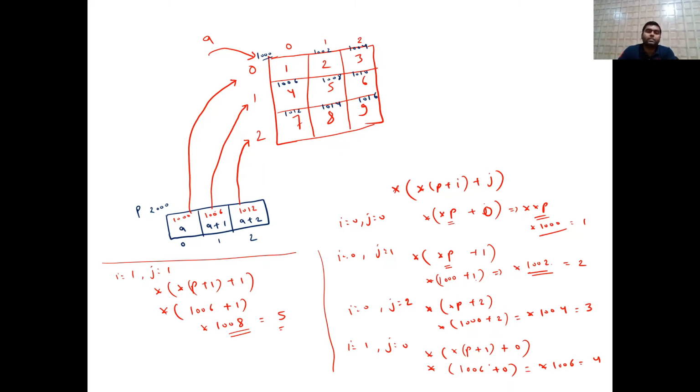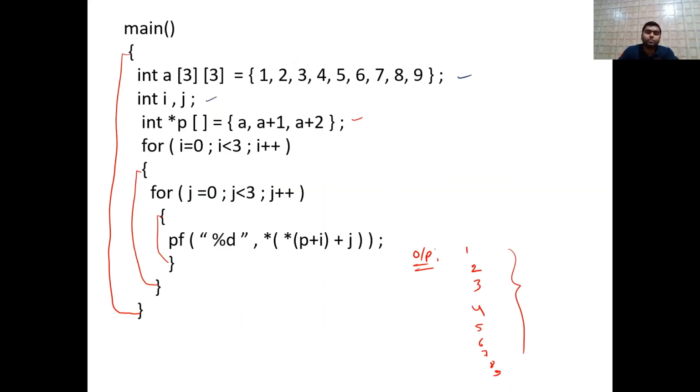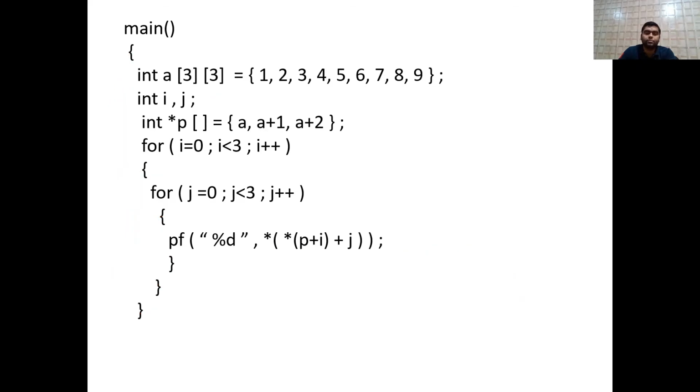So I hope that this is clear to you. This is the basic program, and we already covered a lot of things related to arrays and pointers. So those who still have doubts, my simple suggestion is to go to the previous lectures in which I covered all these contents. Then it will be clear to you.